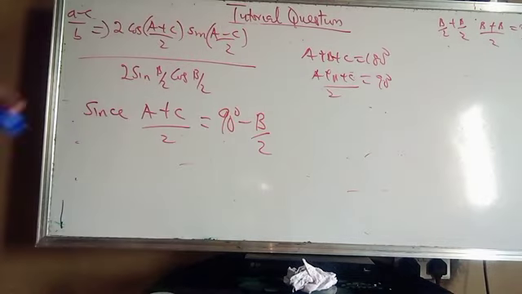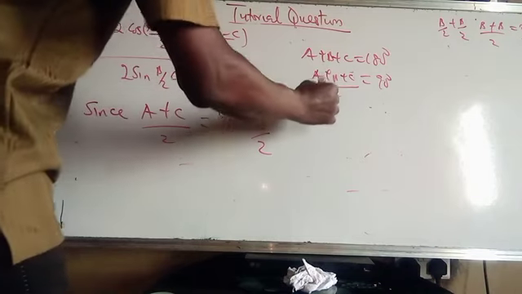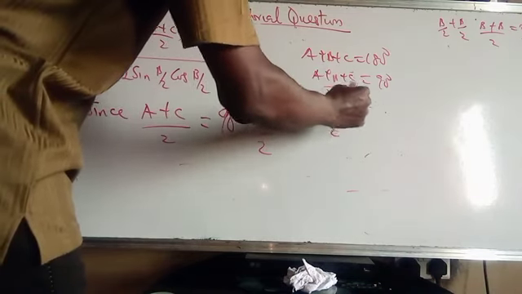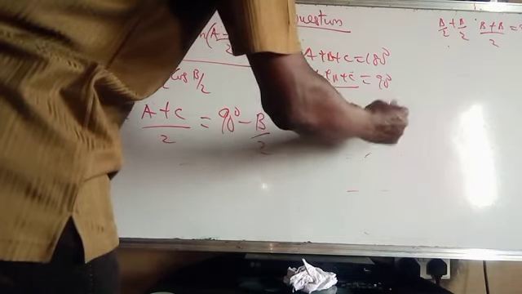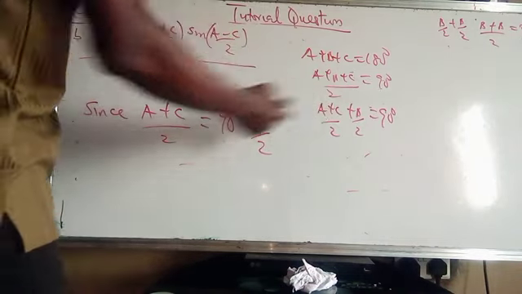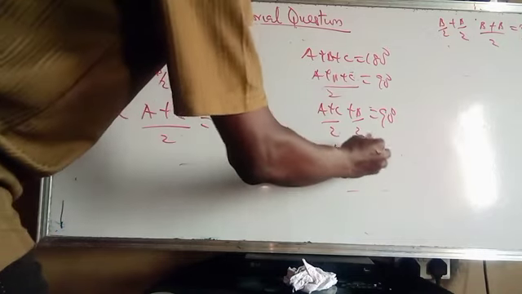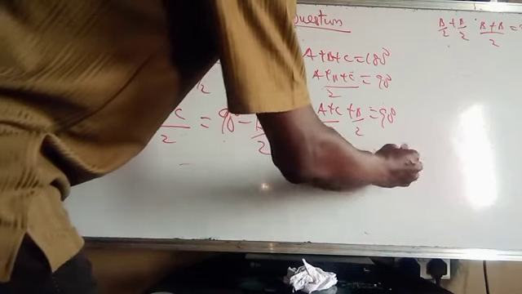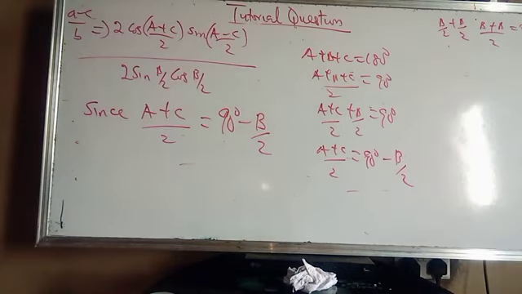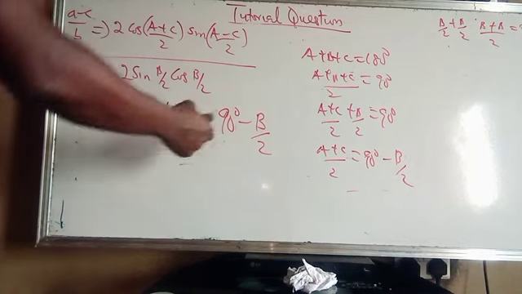So (A plus C) all over 2 plus B all over 2 is equal to 90 degrees. From here, (A plus C) all over 2 equals 90 minus B all over 2. So we now replace this, and you can see how I got this.